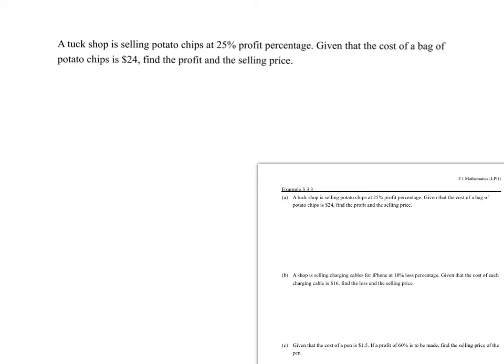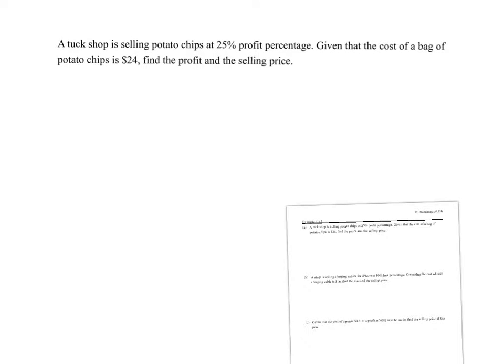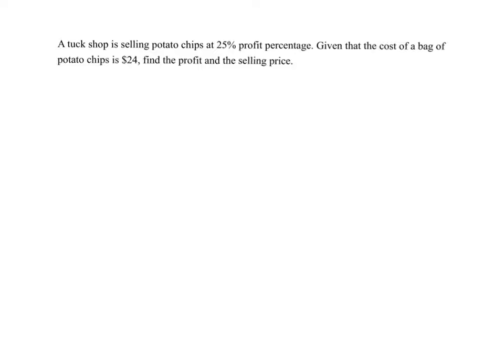The next example, a shop is selling potato chips at 25% profit percentage, and the cost of a bag of potato chips is $24. It is the cost. And we need to find the profit and the selling price.